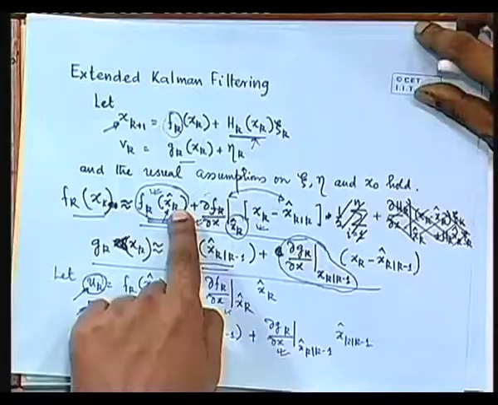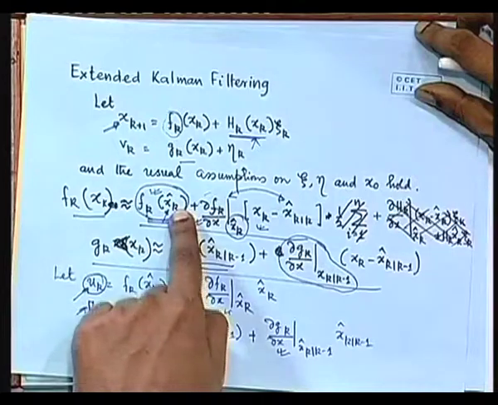It does work, a lot of people have used it, but it is sometimes known to suffer from stability problems, mainly because right in the beginning you are assuming that the estimate is close to the true state. So it will depend a lot on initialization. If you start your estimate very far away, then this approximate model is very bad.